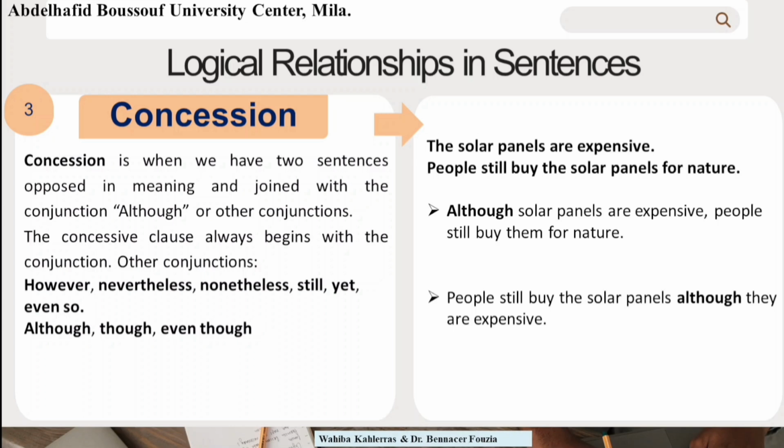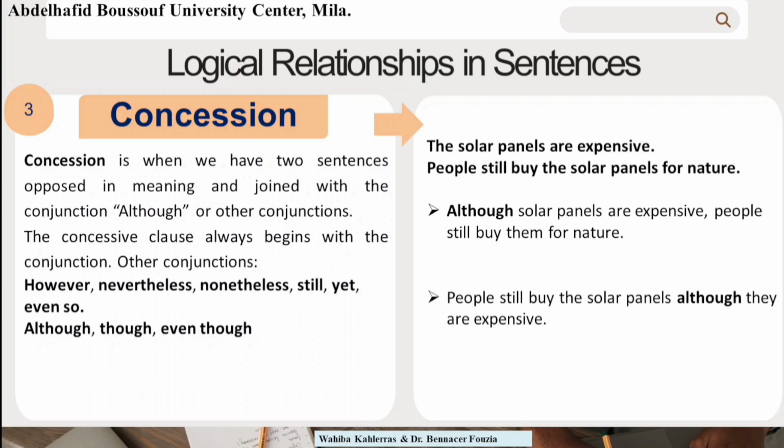But if I use however, it has to come in the middle of the sentence. I say solar panels are expensive, however, people still buy them for nature. And here lies the difference between the two groups of conjunctions.